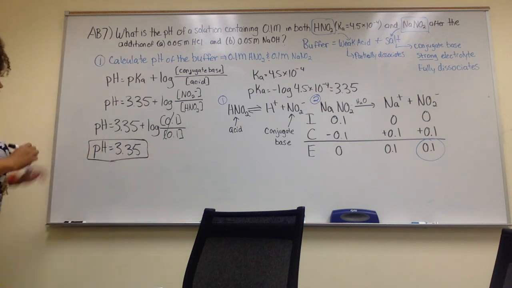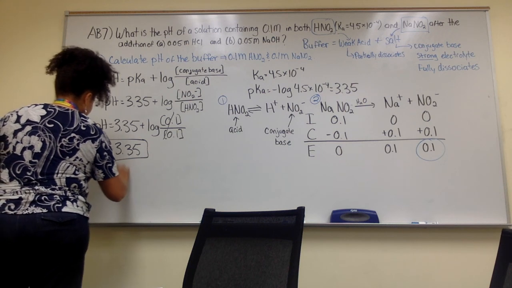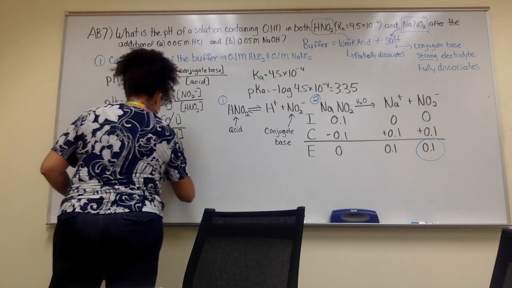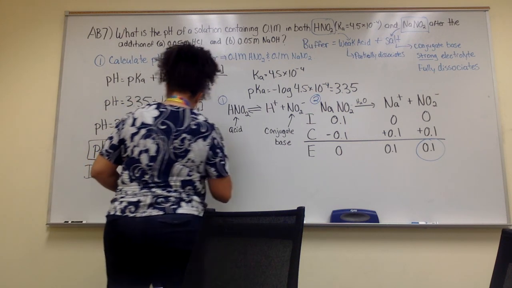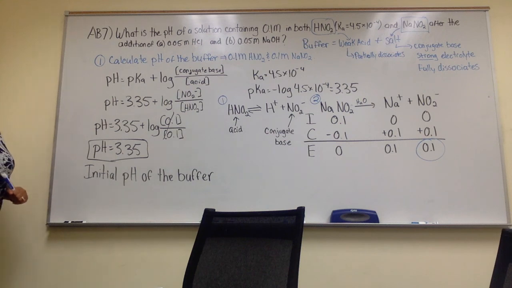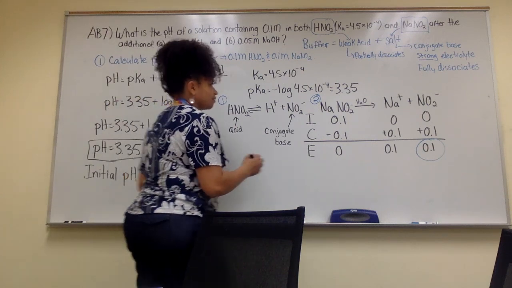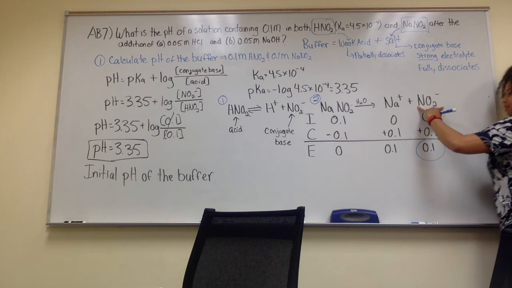So this is the initial pH of the buffer, which is similar to problem 6, where we added some conjugate base, some anion, some NO2 minus.